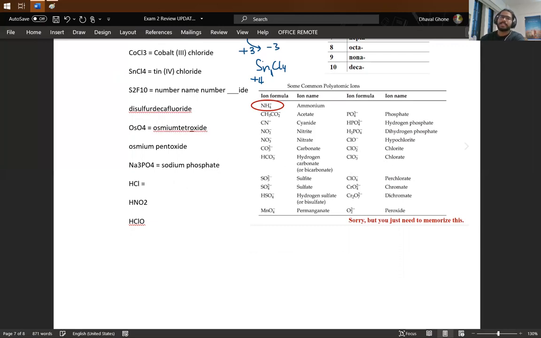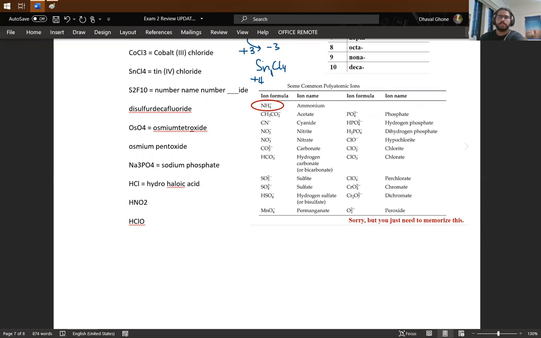The next one is HCl. Now HCl are two non-metals, but because it's H, it's an acid, and there's no oxygen involved, so it's a simple acid. And the name for simple acid is hydrohaloic acid.